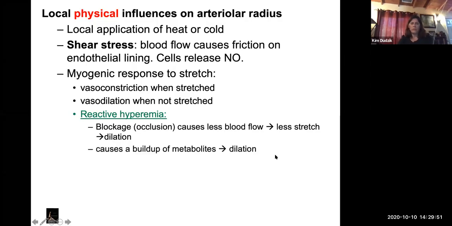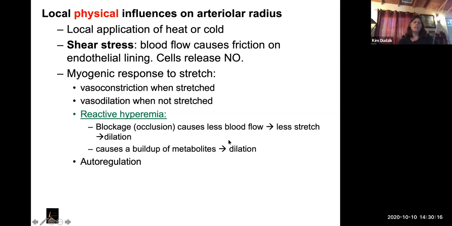Okay, and that's what we said causes a buildup of metabolites. So these two things can both be happening, that stretch and then the buildup of the metabolites. But the reason why we've put this under the physical change is because of the blockage. So reactive hyperemia, because of the blockage, can cause less stretch and more metabolites, so that's both going to cause dilation.